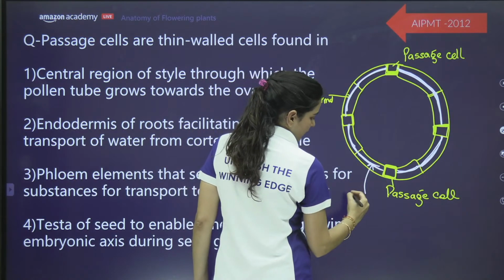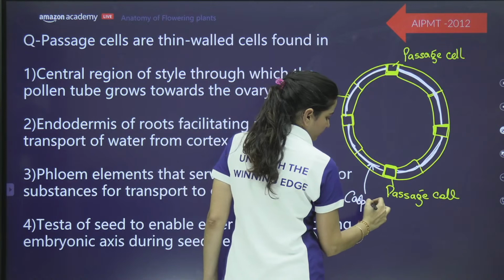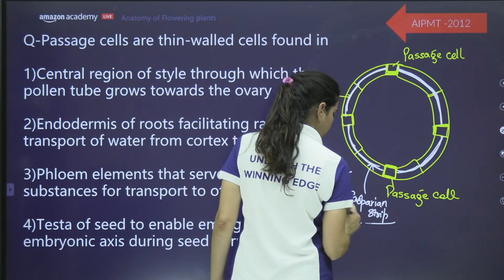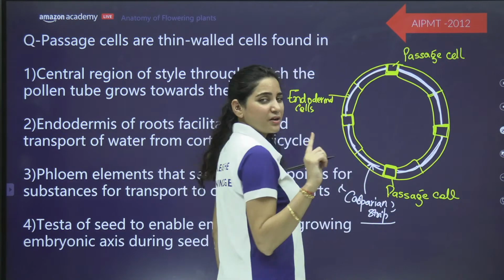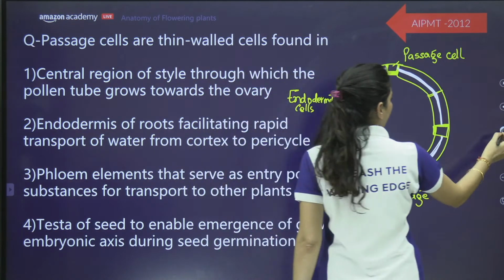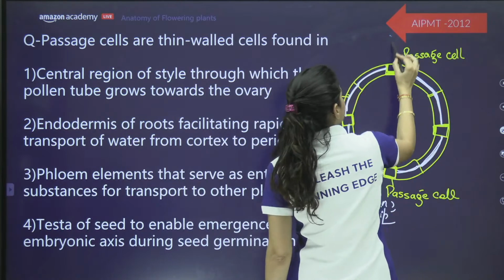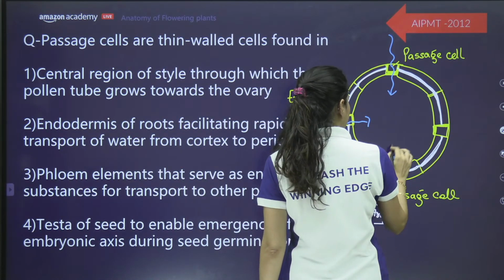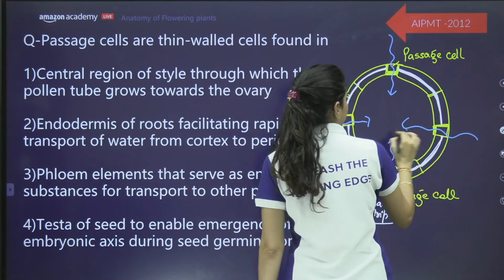This is Casparian strip. So water कहाँ से enter करेगा? Water is going to only enter either from this place or this place or this place or this place.